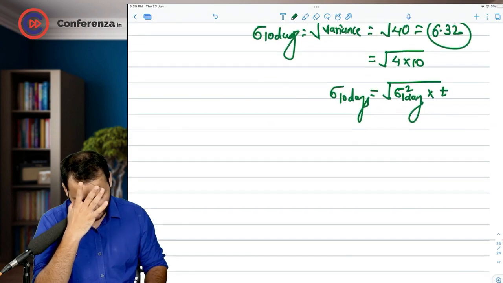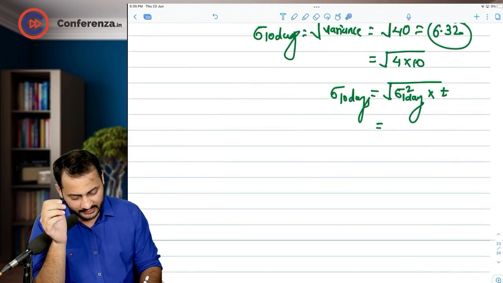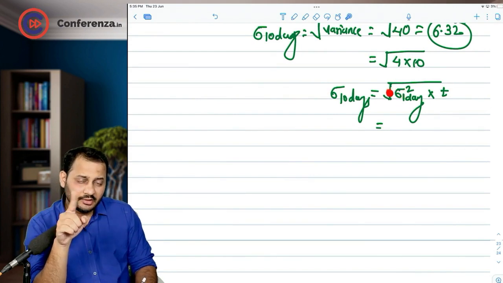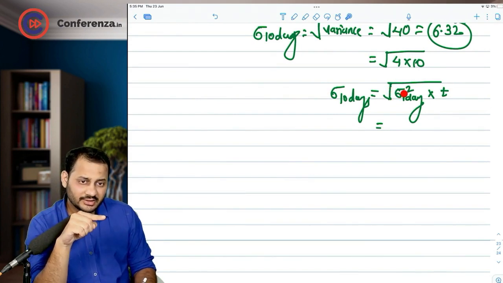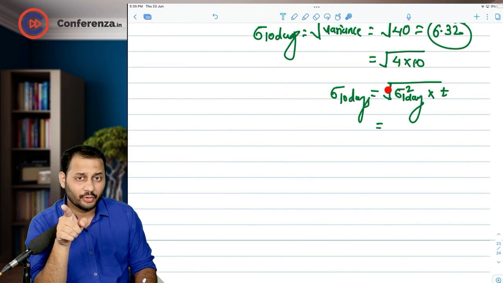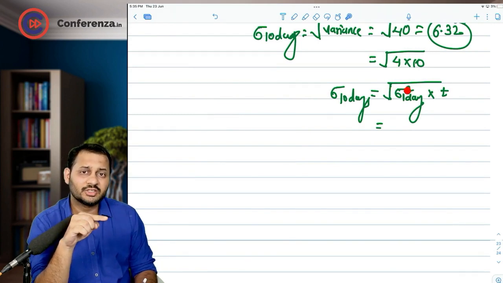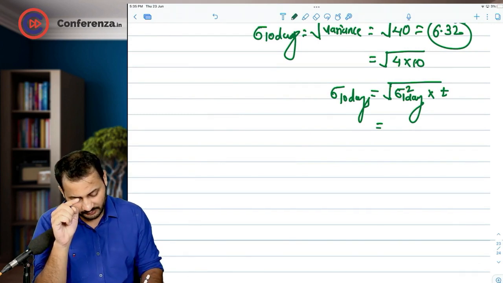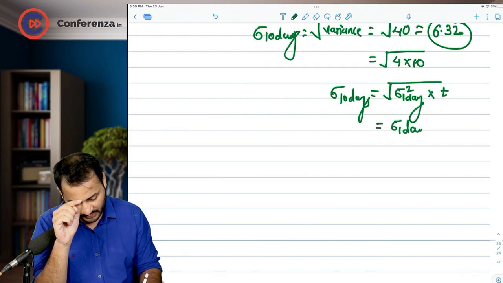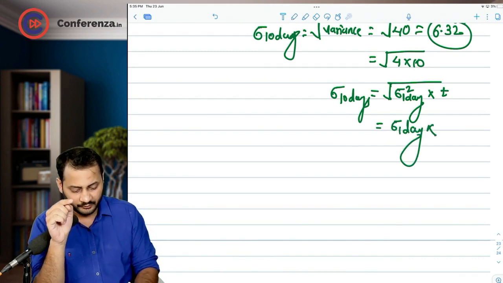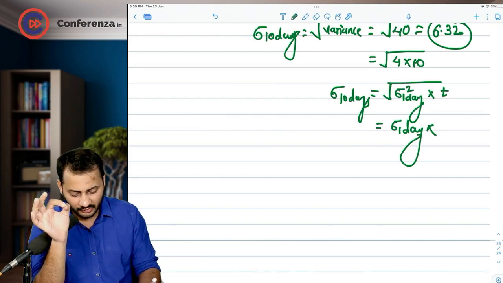Right. So you can clearly see this figure, this standard deviation of one day has square in it and square root also. So square root will cancel the square function and the only thing remaining will be standard deviation of one day multiplied by t, which is still in under root form.